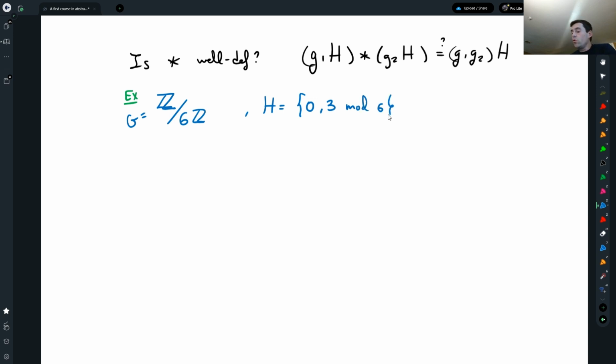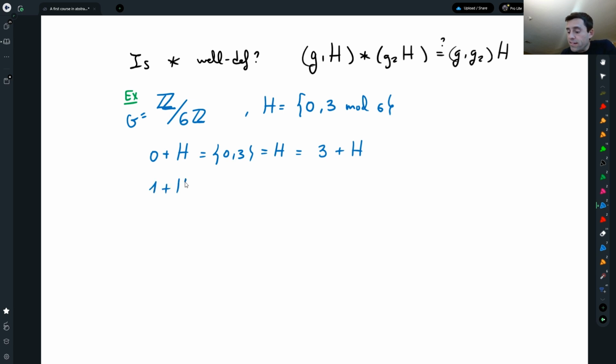So that is a subgroup. And what are the cosets? Well, I have 0 plus H. That will be just 0, 3. So that is just H. But that is exactly the same as 3 plus H. So you see now that H has two generators, 0 and 3.